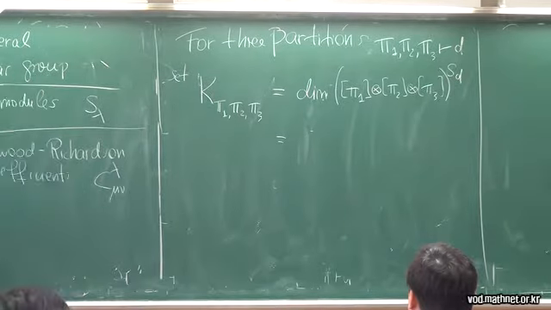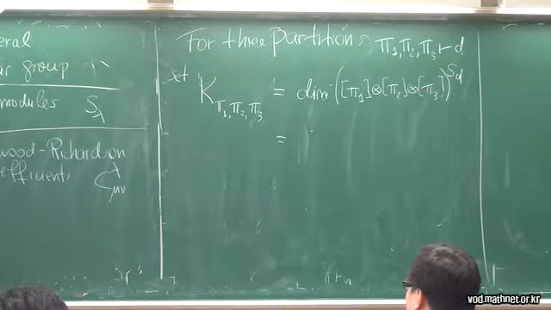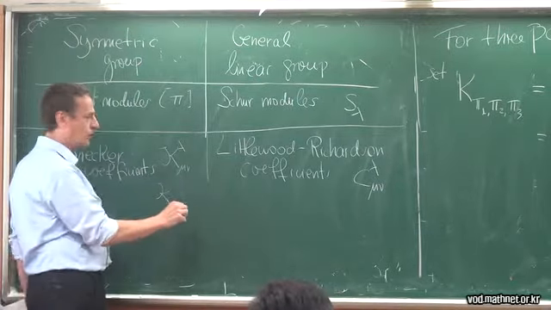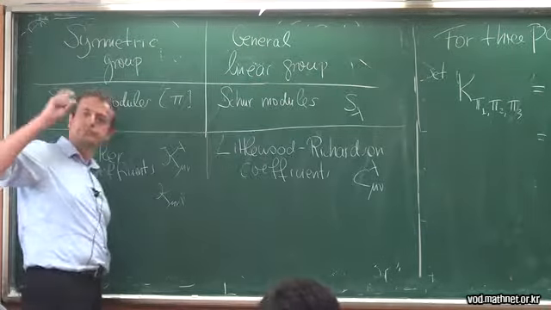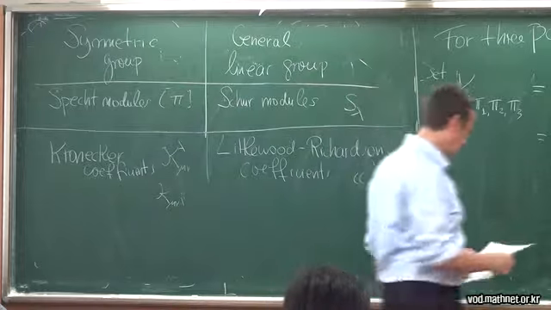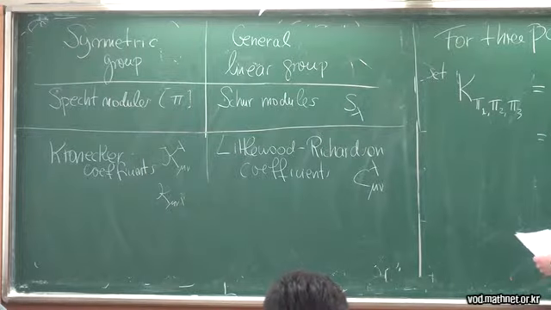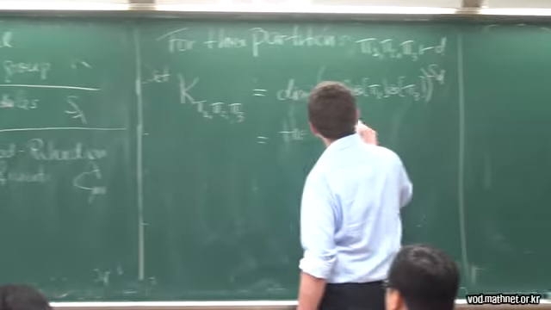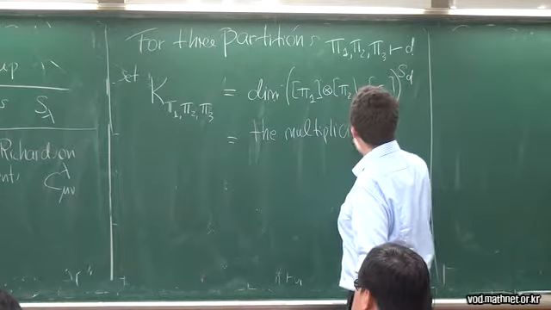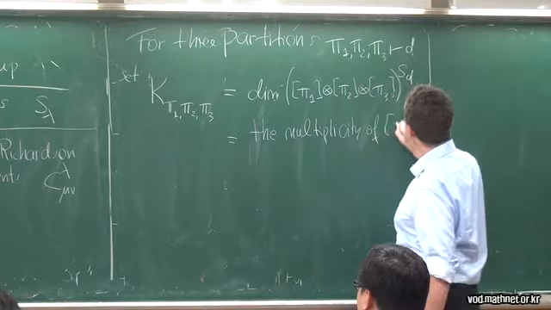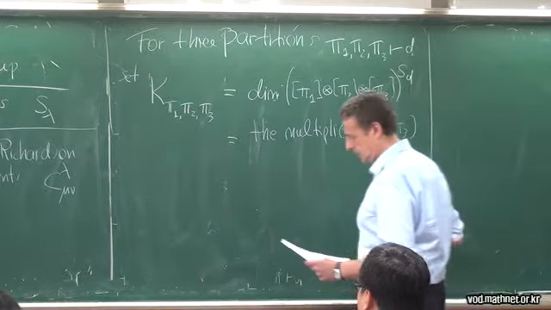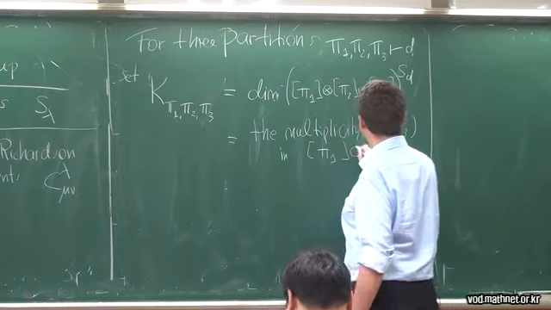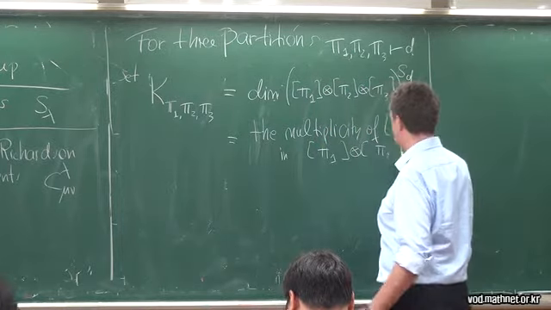In this notation, this would be kappa of lambda, mu, nu, and then the conjugate, the flipped one. This is the same, let's say in English, as the multiplicity of Charlie in the tensor product of Alice and Bob.